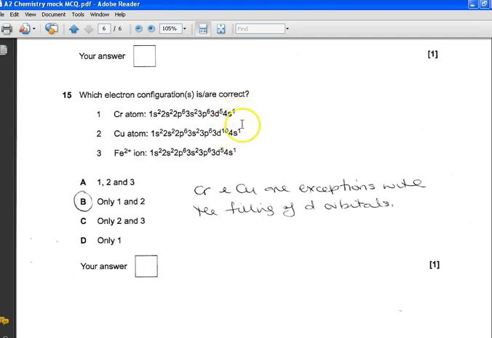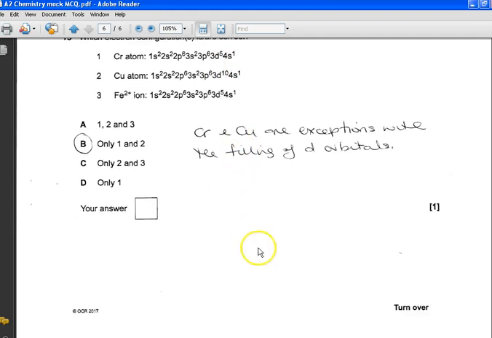Those two arrangements make those atoms more stable, and they are exceptions, and you need to learn them, okay? And that's the end of the MCQ questions, so not too painful, but hopefully helpful if you weren't sure why you got them wrong.